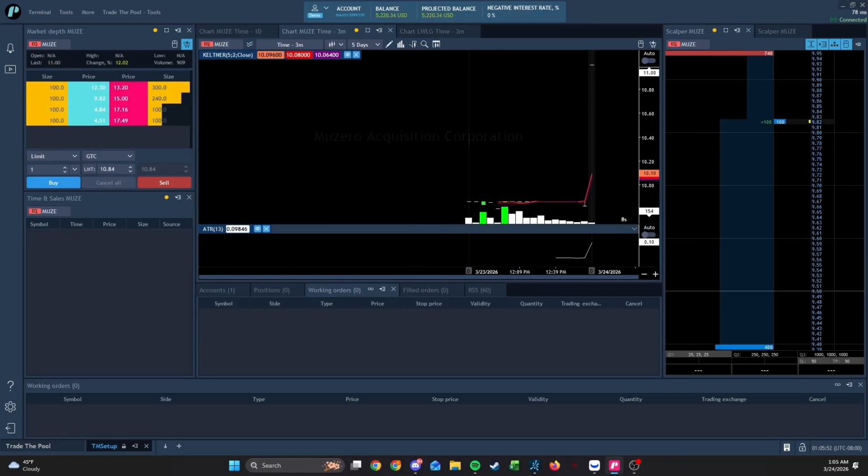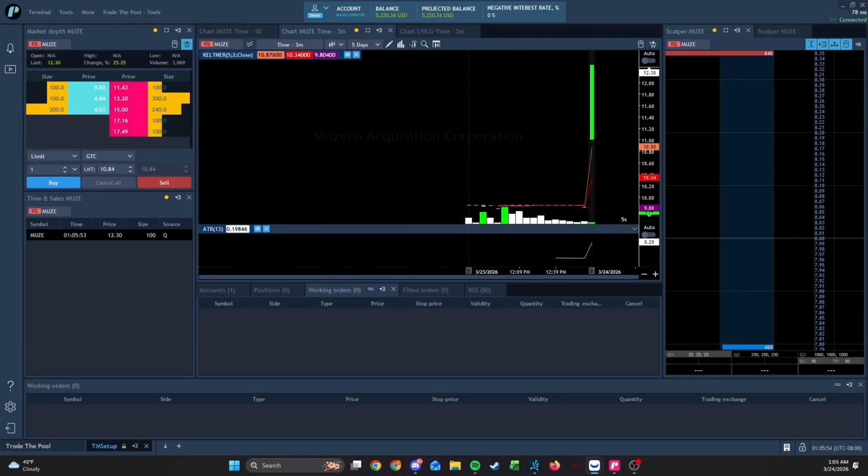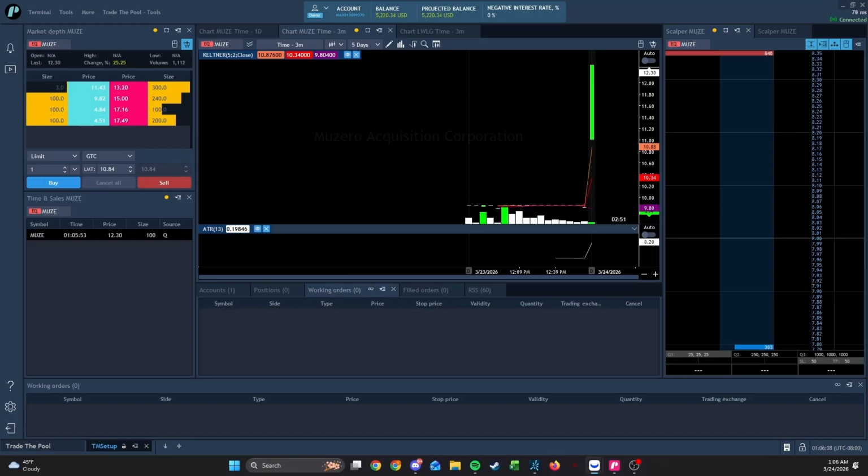So I'm looking at Muse because it's spiking, right? But again, the market depth you'll see is super wide on the spread, and you'll see how the bid starts stepping up. So I'm interested in this, but I'm not realizing the spread situation.